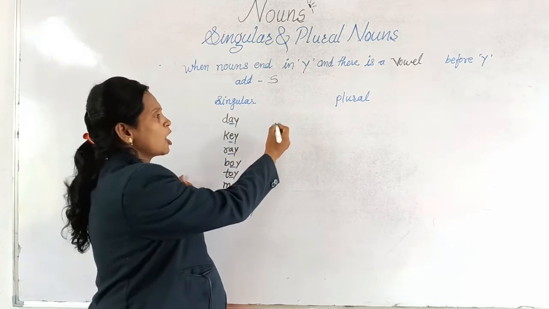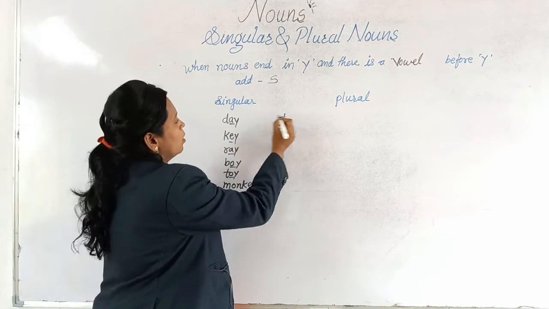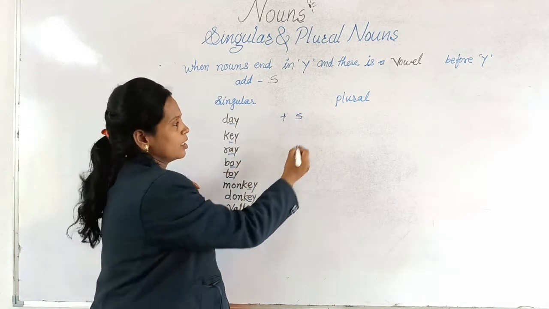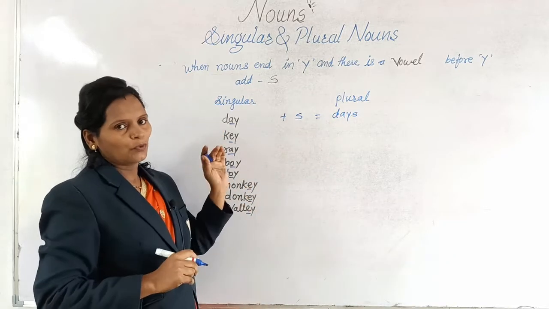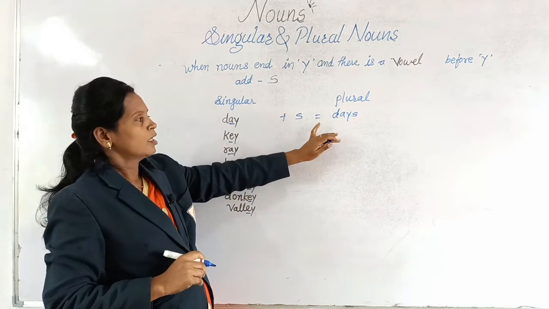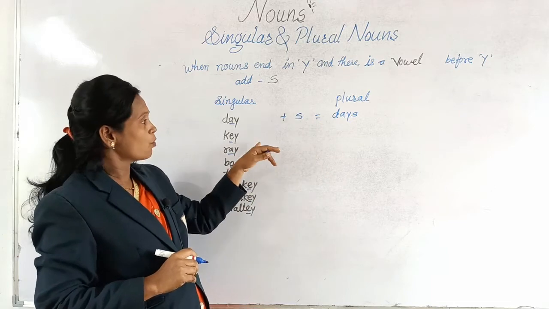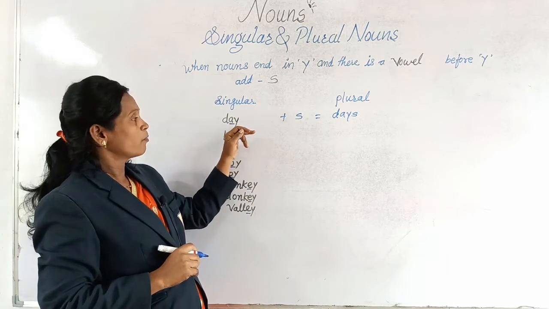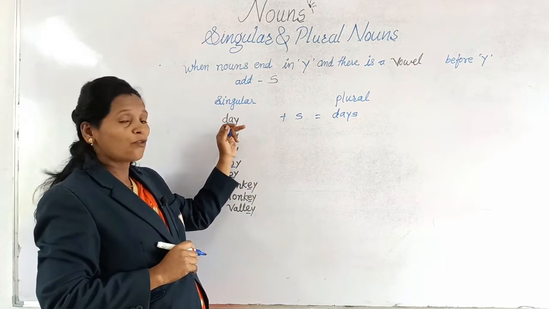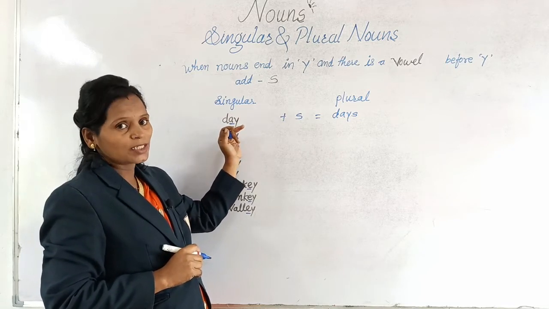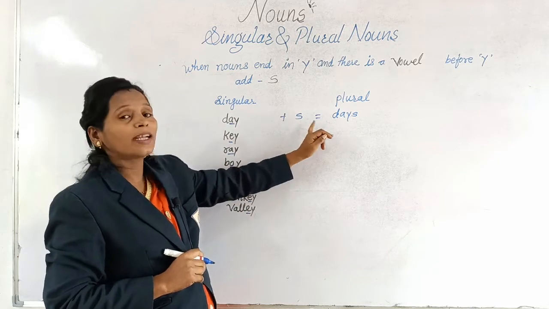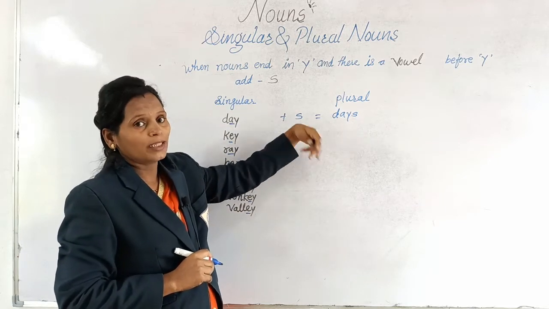So let's see how you can make them. Day plus S is equal to days. Sometimes we see a consonant before the Y, but now the Y has a vowel before it, so we have to add S to make them plural.